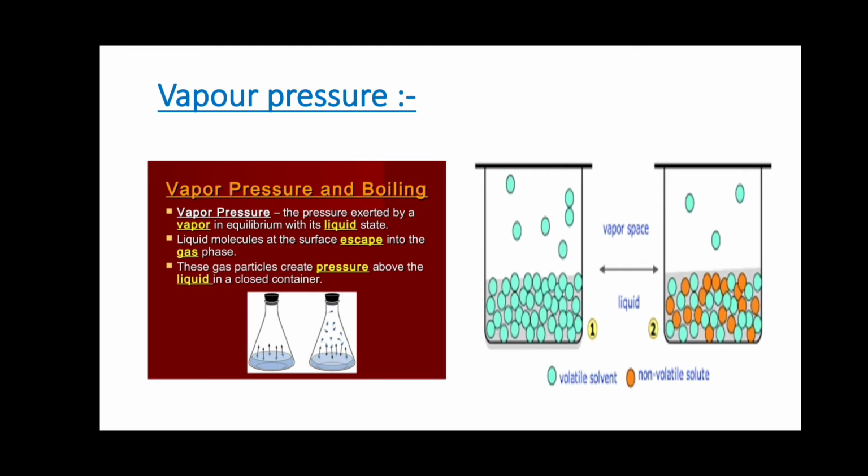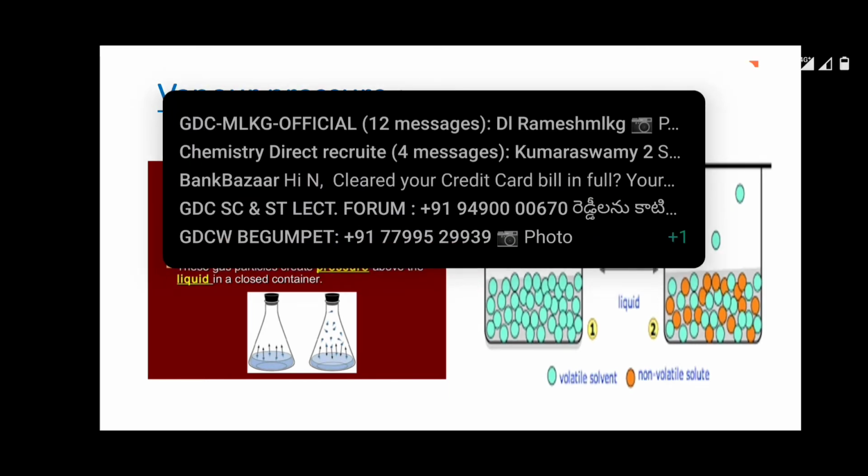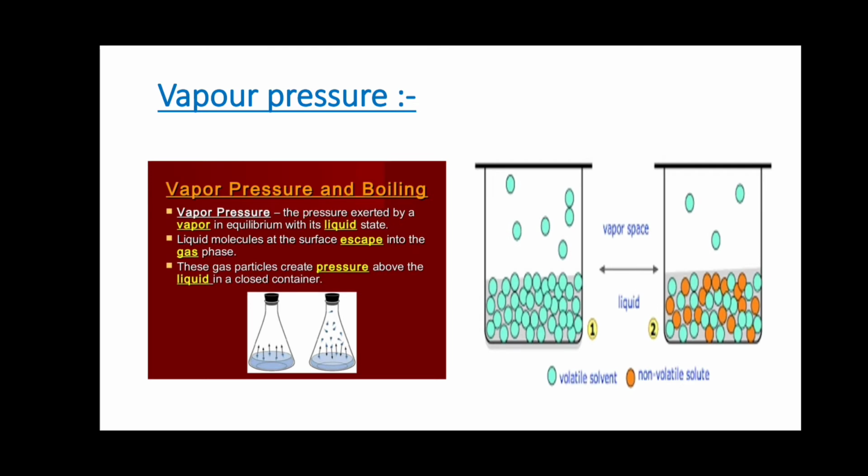Vapor pressure is nothing but, for example, you take a solution. In that solution there are solvent particles and solute particles. At a certain temperature and pressure, the particles exert pressure on the surface of the liquid. That pressure is called vapor pressure.